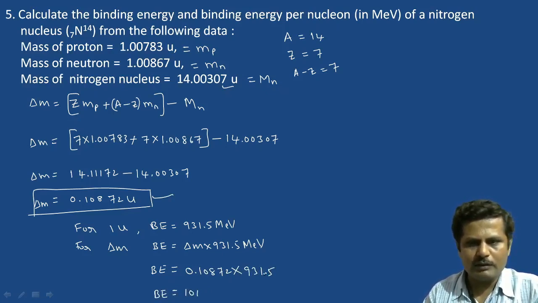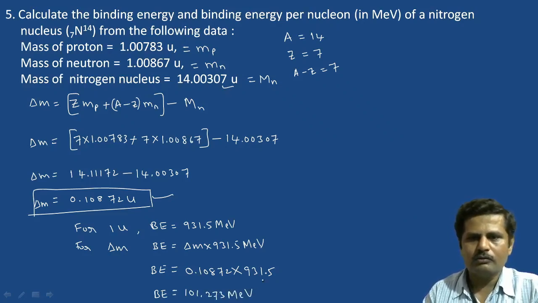On multiplying these two, we will get 101.273 mega electron volt. So therefore binding energy of the nucleus is equal to 101.273 mega electron volt.